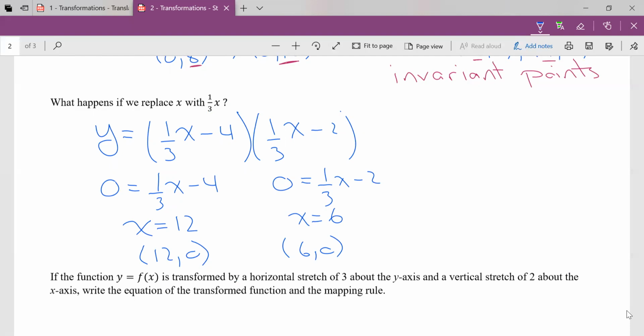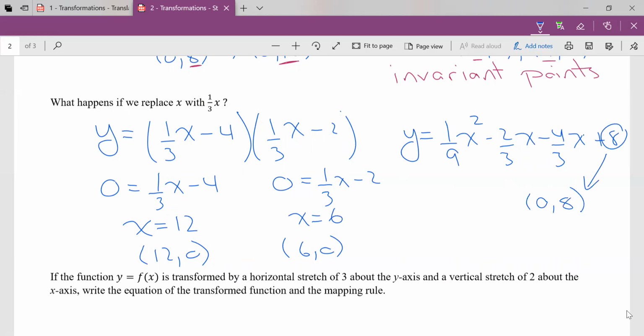Let's look at standard form, and we'll look at our y-intercept. If we do this in standard form, I'm just going to distribute out, multiply these two binomial factors together. What are we going to get? Minus 2/3 x minus 4/3 x, and most importantly that plus 8 right there. The constant term is the y-intercept, it's at (0, 8). So do you notice our y-intercept hasn't changed?